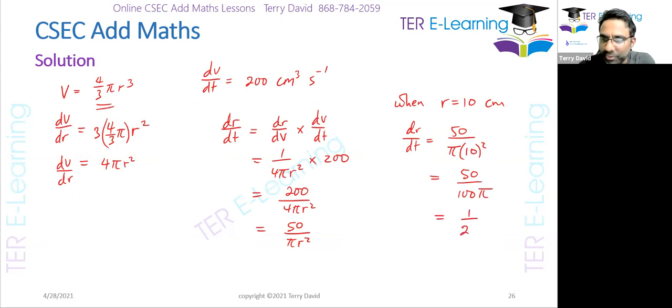So this is going to be equal to 1 over 2 pi. Hoping you guys followed what I did there. But we should give it a unit as well. It's the radius, so therefore it's centimeters per second. That's the rate of increase of my radius.